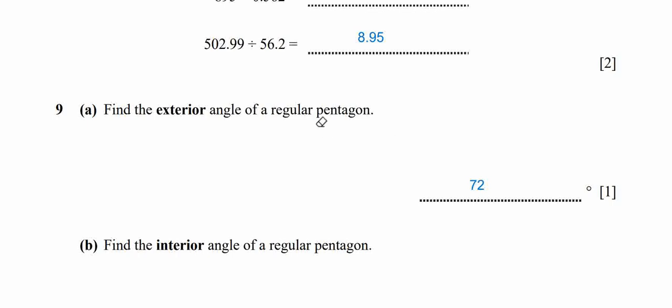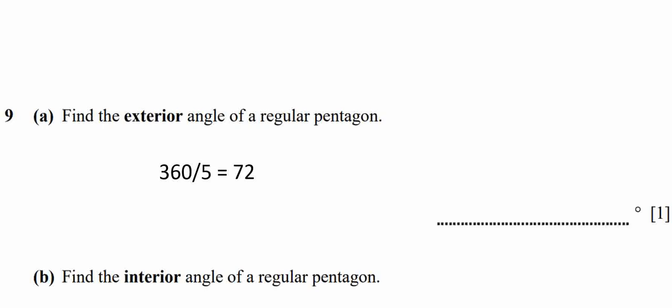Now this is the correct answer. 72 is the exterior angle of a regular pentagon. Here's how we find out 72. As we know, the sum of exterior angles of any polygon will always be 360.